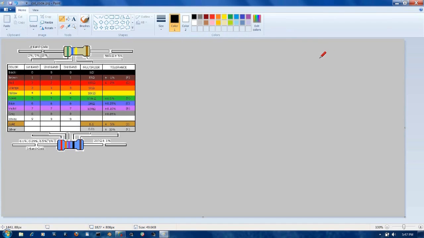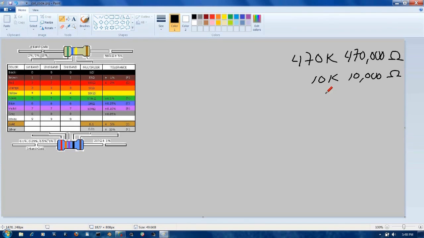K is for 1,000. So a 470K resistor is actually 470,000 ohms. That's the omega symbol for ohms. It's its resistance value. Now a 10K, of course, and that's a very common resistor, would be 10,000 ohms.